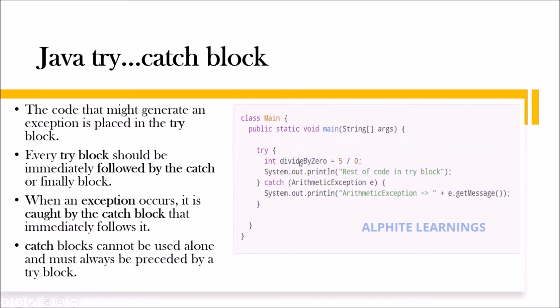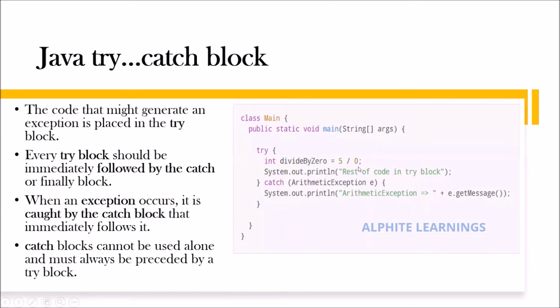This is the object that will be created whenever the try code throws an exception. We have learned already that if any exception occurs in Java, it will throw it with an object. That object will be received in e, and we can print that exception over here.